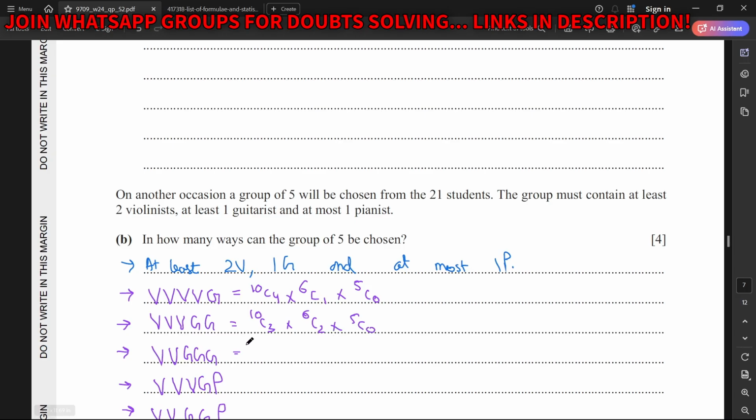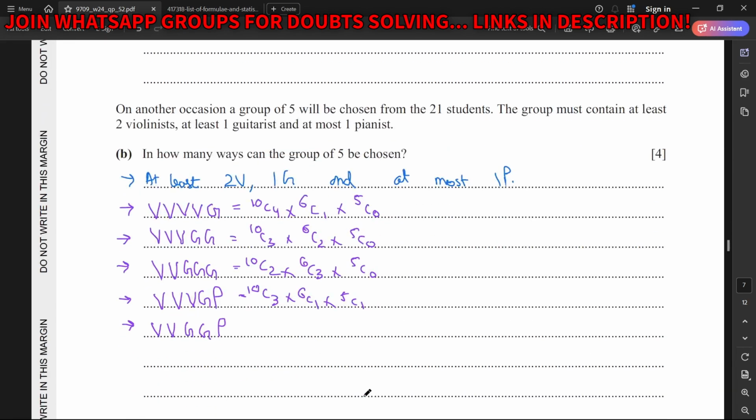Then for this, from 10 we have to choose 2, from 6 we have to choose 3, and from 5 we have to choose 0. And for this, we have 10C3 into 6C1 into 5C1. And lastly, this arrangement is going to become 10C2, then for the G, 6C2, and 5C1 for the P.